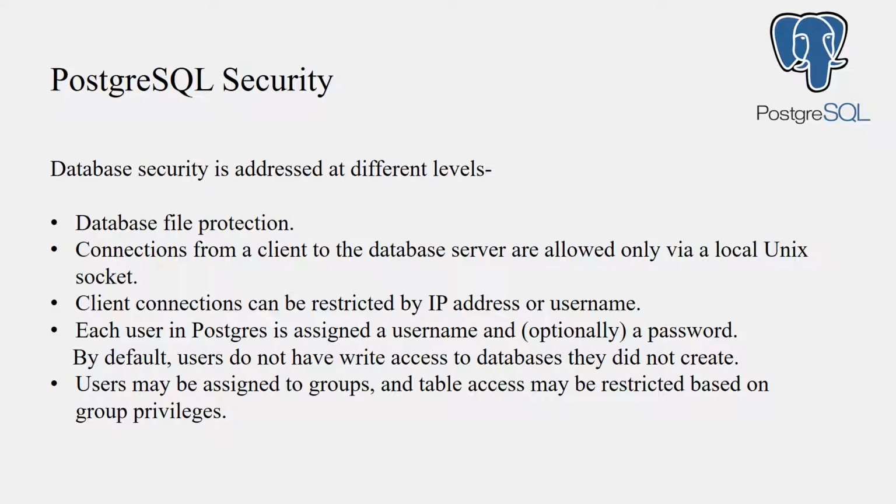Client connections can be restricted by IP address and the username. Each user in Postgres is assigned a username and a password. By default, users do not have write access to databases they did not create. Users may be assigned to groups, and table access may be restricted based on group privileges.